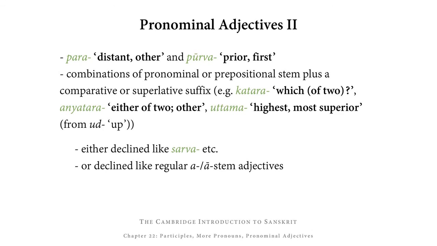So for example, katara, meaning which of two, anyatara, meaning either of two, uttama, literally the upmost, so the highest or the most superior, and a number of other forms that are formed just like them. So these decline either like sarva or they decline just like regular adjectives.